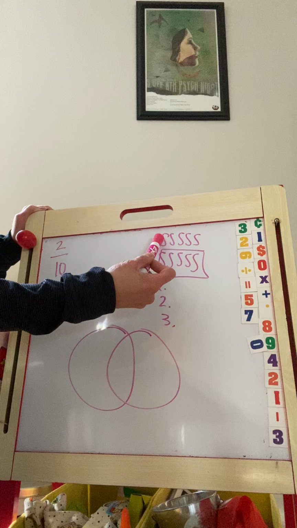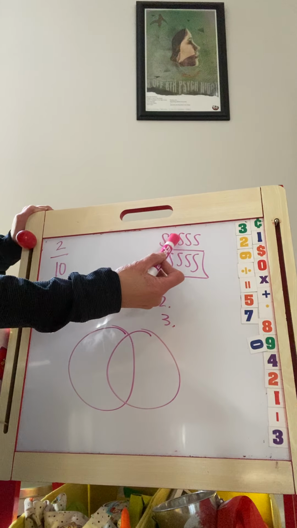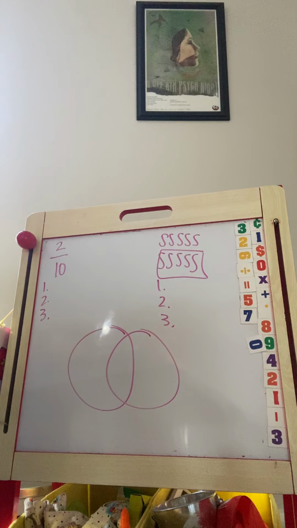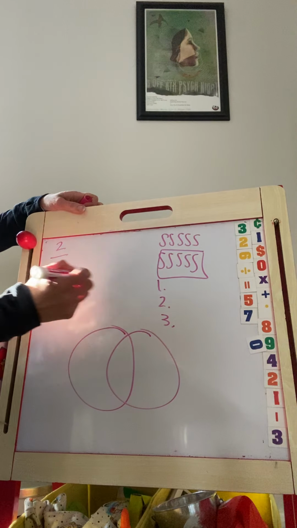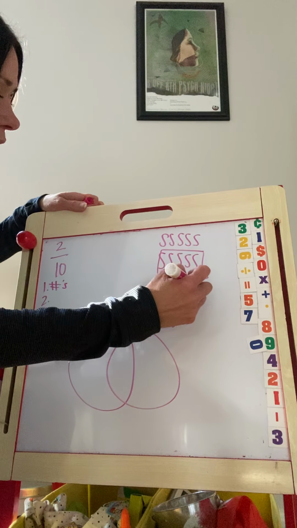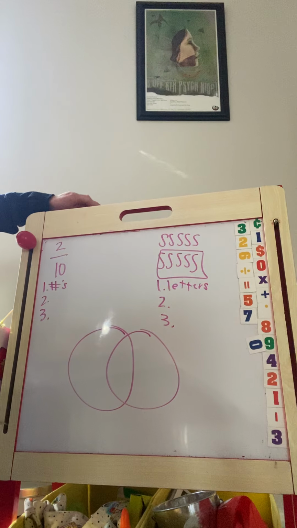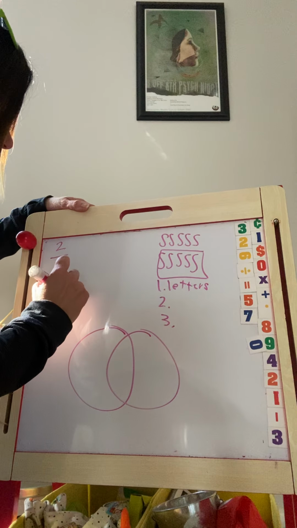Okay, so we have 2 tenths. This one we have 1, 2, 3, 4, 5, 6, 7, 8, 9, 10 S's, okay? So this one is written in numbers, right? This one's letters, okay? So this one has 2 as a numerator.